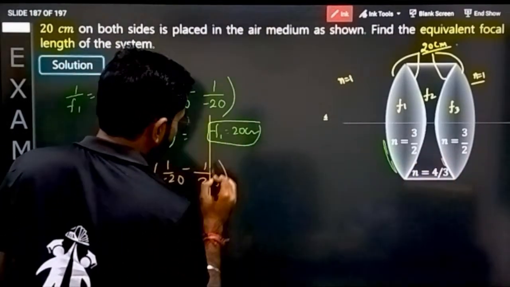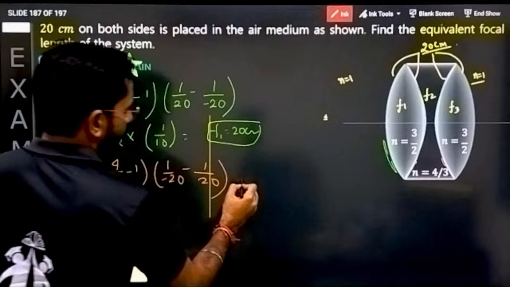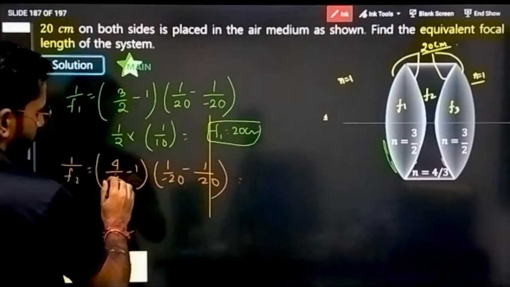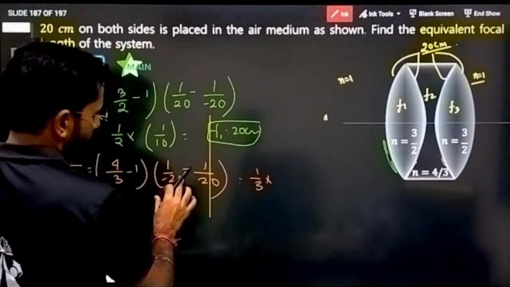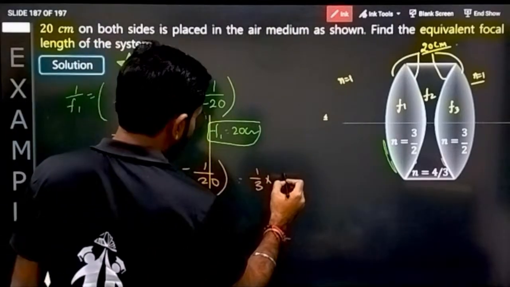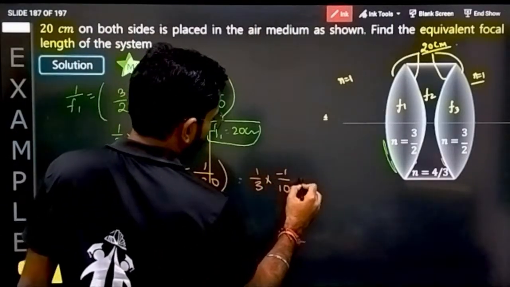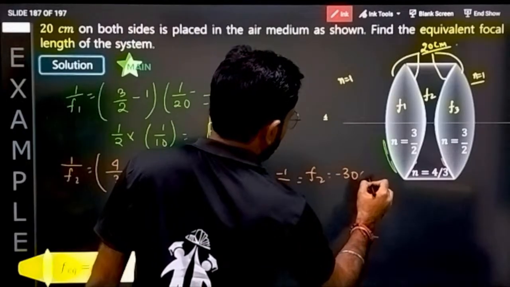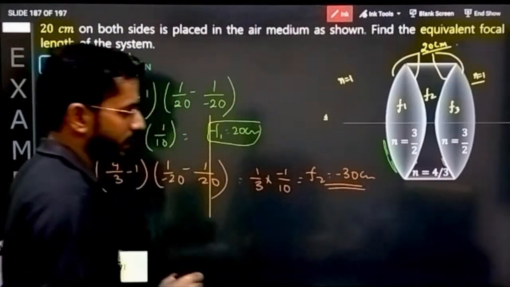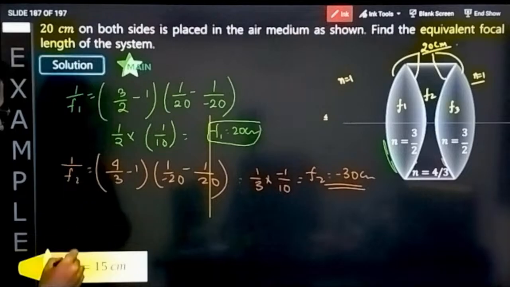Now put the values. It becomes 1 by 3 multiplied by minus 2 by 20, that means minus 1 by 10. The answer for f2 comes out to be minus 30 centimeter.